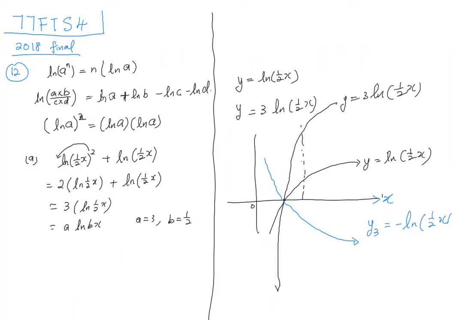Okay. So now we go to question 13. Question 13, 2018, final question 13. One thing we have to remember when we talk about trigo is that you go in cycles.